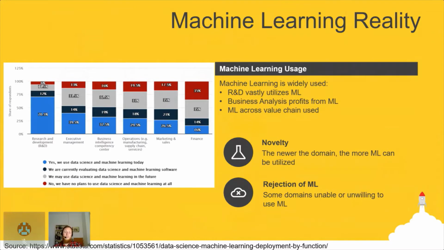Across all possible domains, we already see machine learning utilized, especially in those that are more or less novel, researching novelty. For example, in research and development, almost three quarters are already using machine learning. Also business intelligence and operations are greatly using it already, as are marketing and sales. There are, however, still a few fields that are either not utilizing it, or not even willing to utilize machine learning.